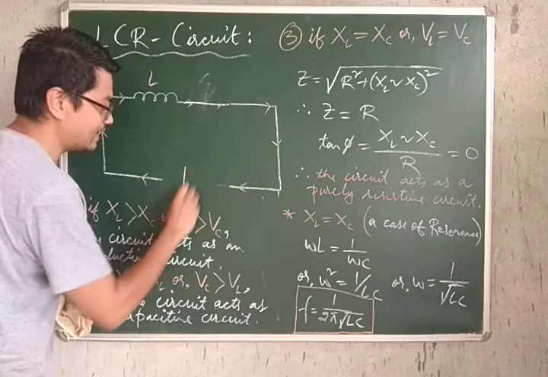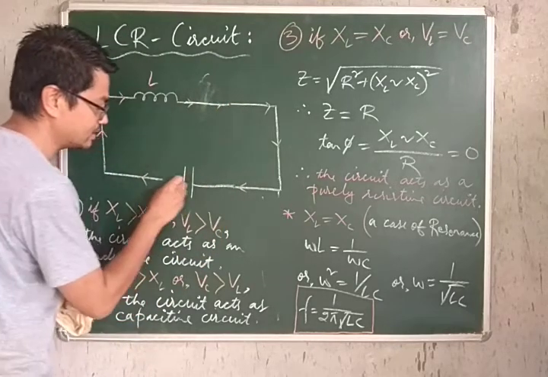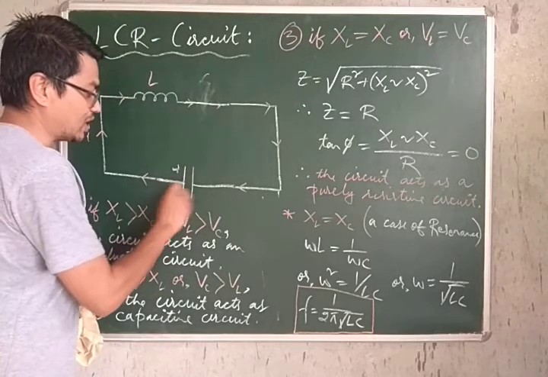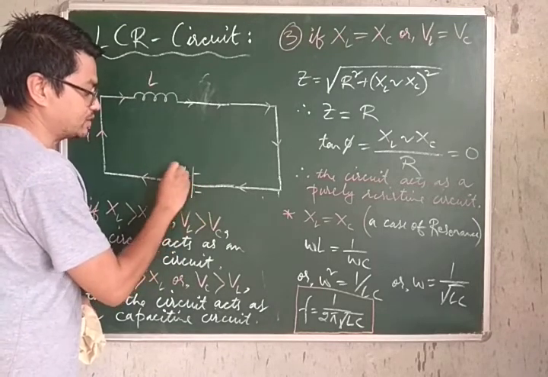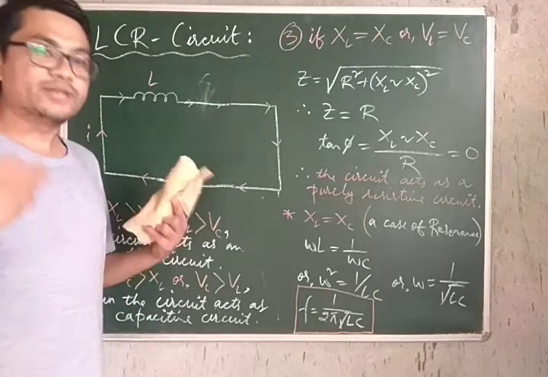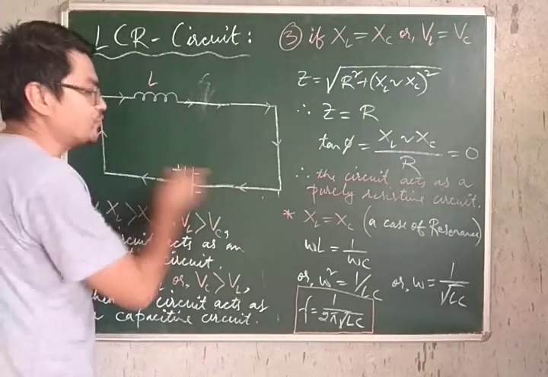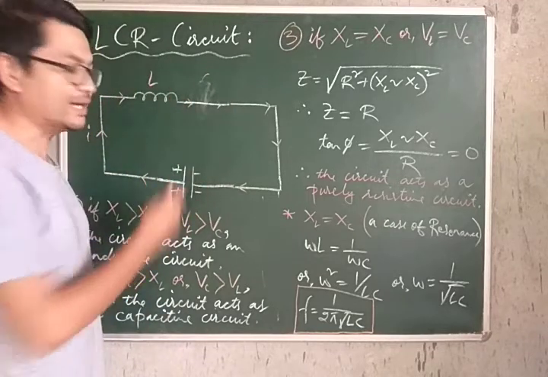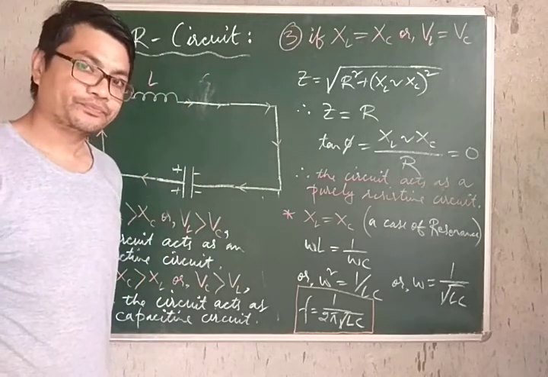If we have L and C in a circuit, and this capacitor is charged, positive and negative, then in this circuit, there will be to and fro flow of current in an LC circuit.